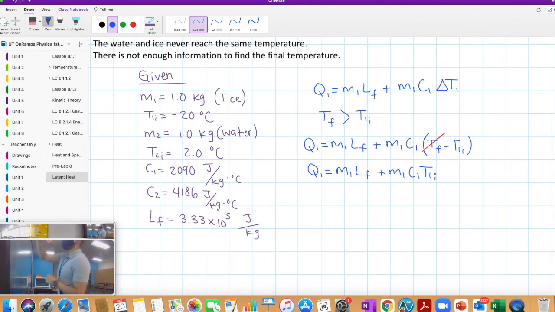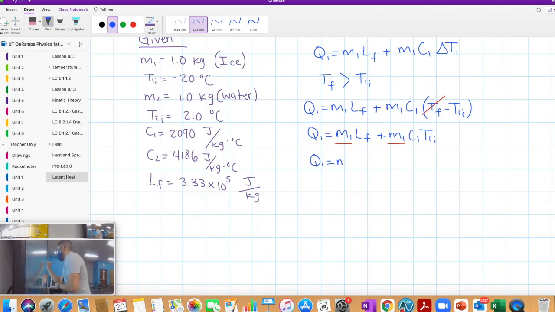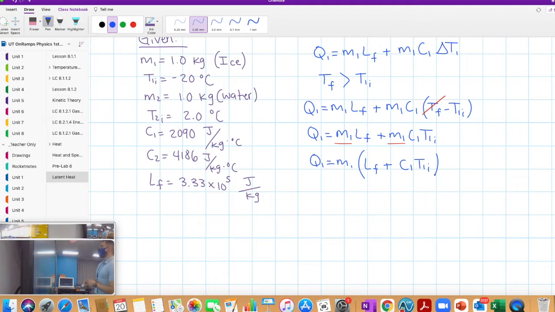I can factor out mass 1, as you can see. So that'll be heat required equals mass 1, parentheses, latent heat of fusion plus specific heat times temperature 1 initial. And now we can substitute.